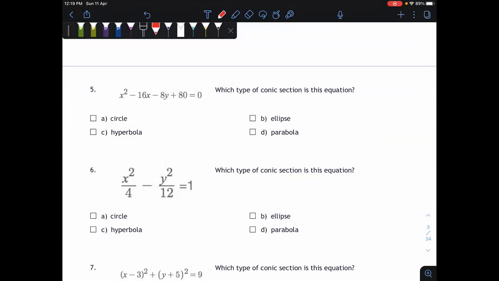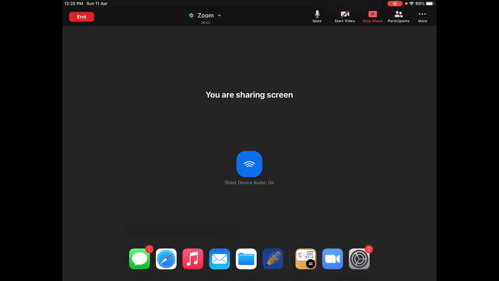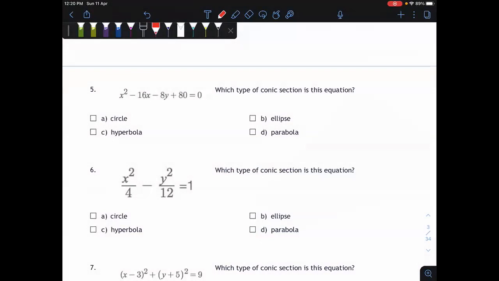One minute, please, guys. To identify this equation, I think that we have a rule.